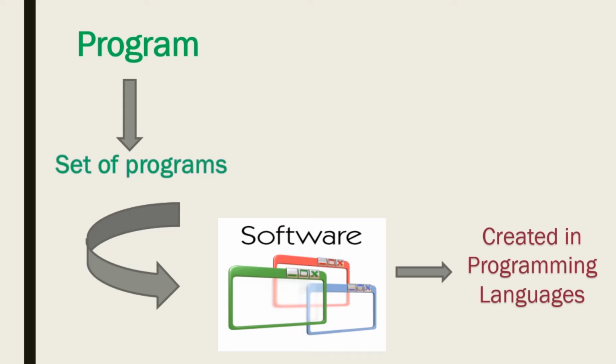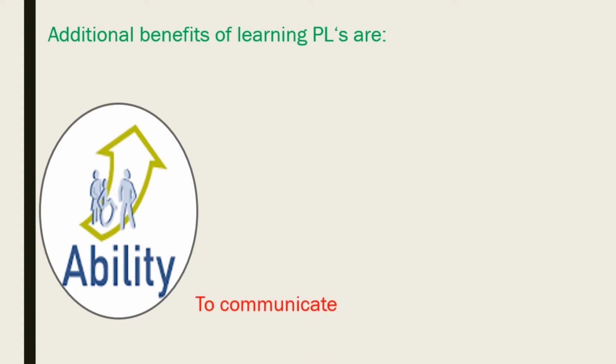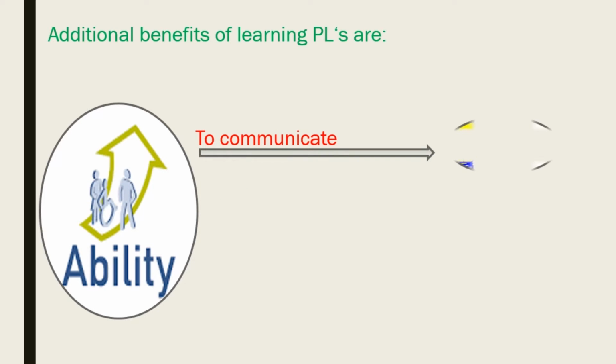Now that we have seen that programming languages are required to develop a software, learning programming is essential and is of great importance. Additional benefits to learn programming languages may include: first is, programming languages give the ability to effectively communicate ideas.